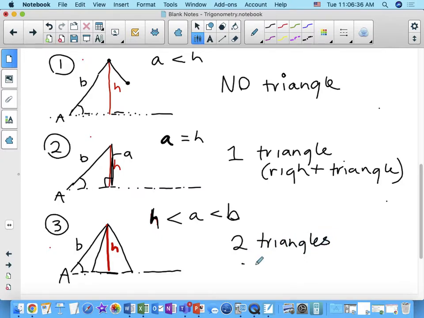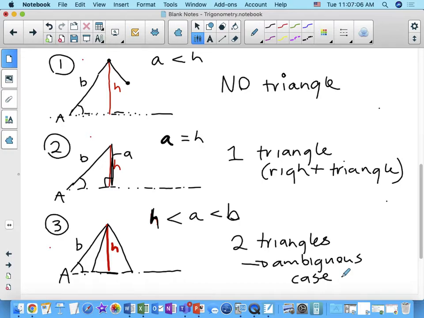And this is the ambiguous case. Okay, so this is key, because what we also need to look out for is we need A to be less than B, right? So we need the side that's opposite the angle given to be less than the other side that's given.